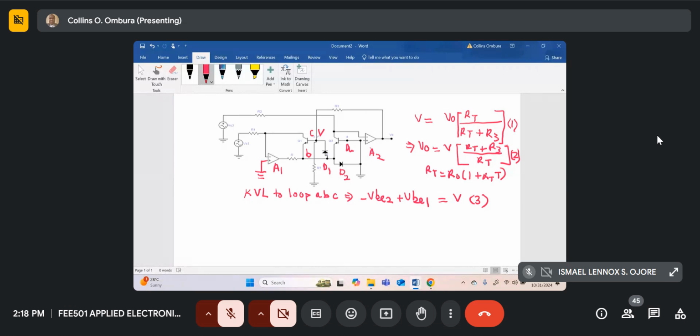But what is VBE2 in terms of Ebers-Moll voltage current relations for the transistor? We've already done it, so I'll just give the result.